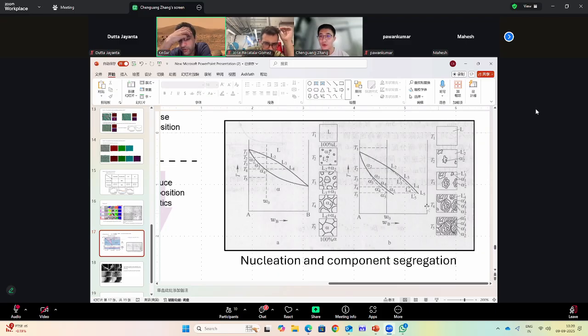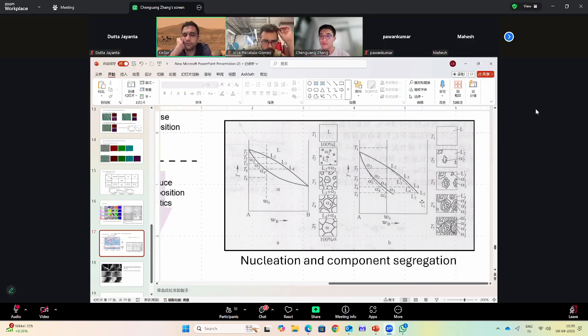Yeah, because for a certain phase, we say AxBy, right? So it's a range rather than a single composition. Like the X can change from 0 to 0.1, but your Y can change from 0.9 to 1, and all of this region shows the alpha phase.